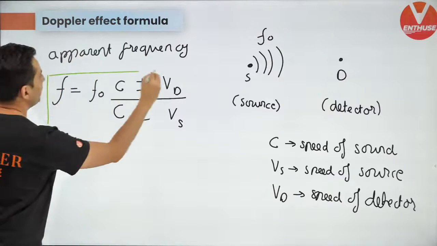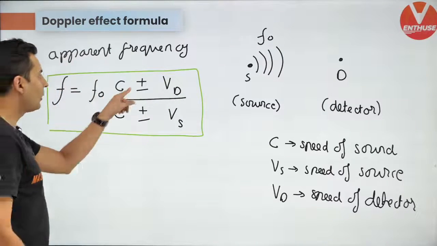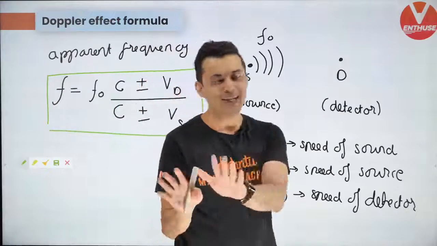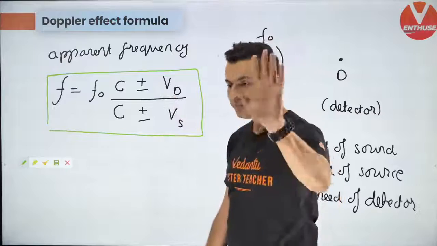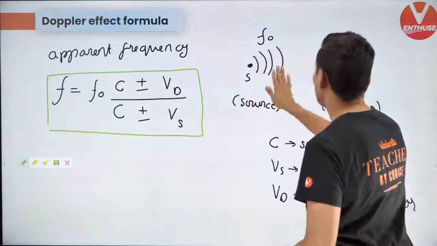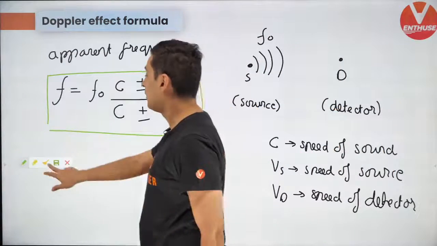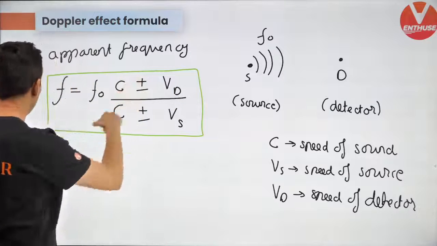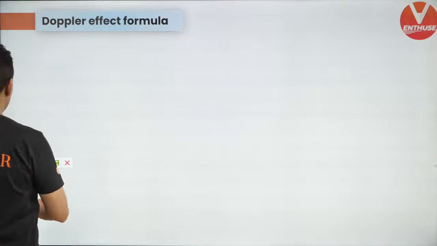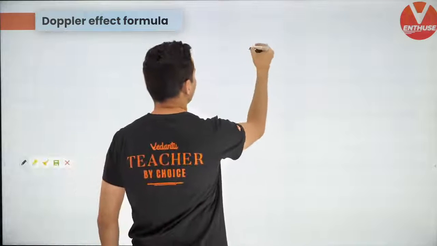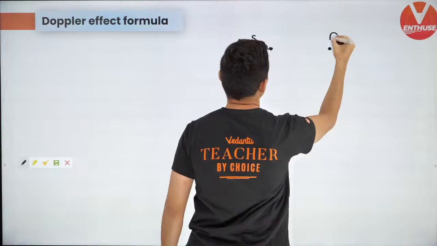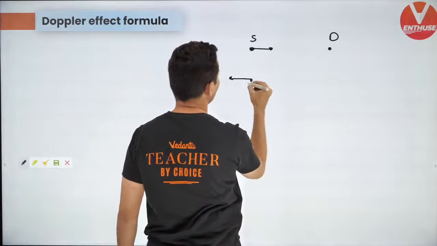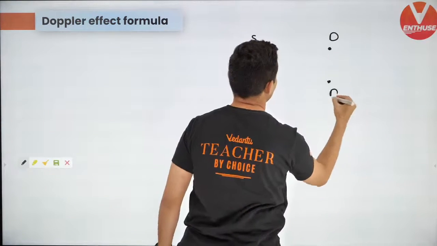Now the only thing remains is the sign convention. How to put this plus or minus, don't worry about it. I'm going to tell you. That's how you remember the formula first of all. Cool? Now, how to remember the sign convention? Let's see that. Let me take few cases. Source is going here, detector is at rest.